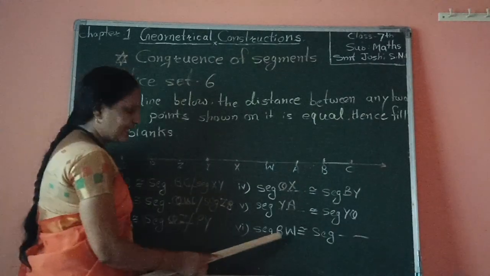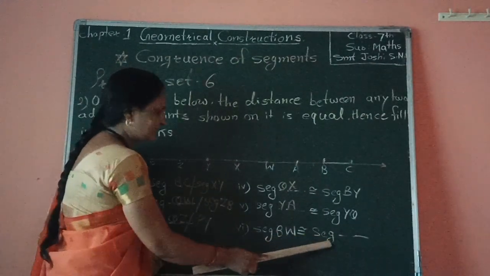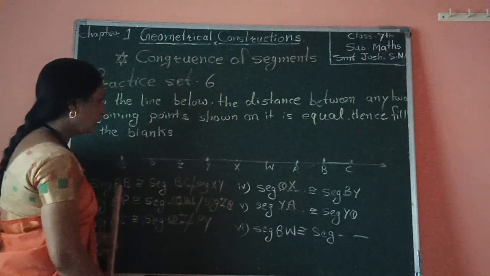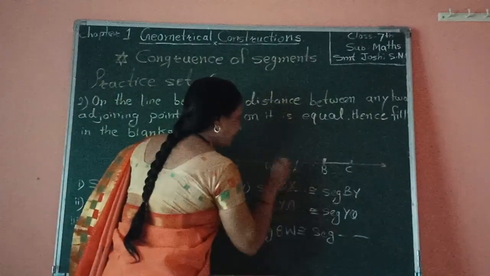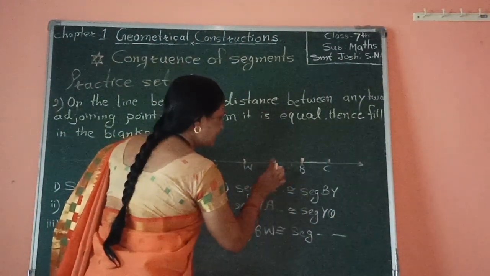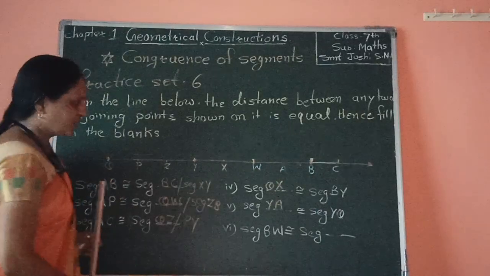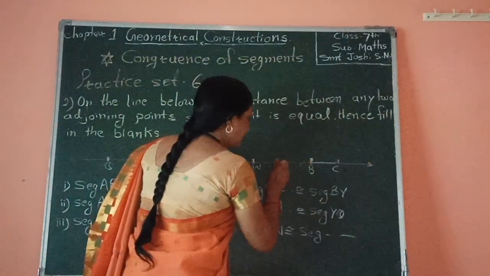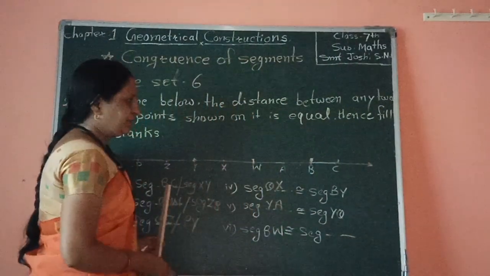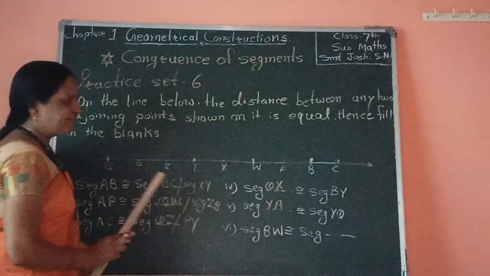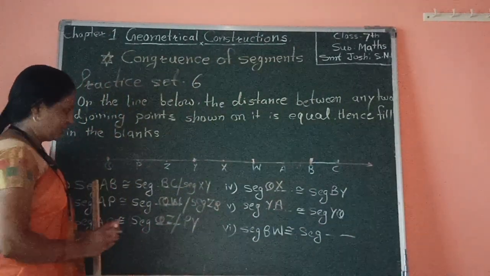Last, seg BW congruent seg dash dash. BW means the distance is 2 units. Congruent segment means the distance between 2 points is 2 units.